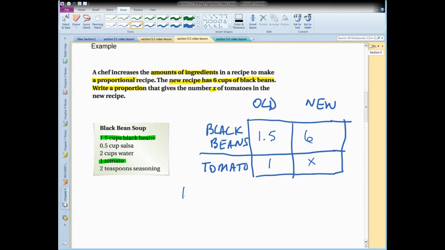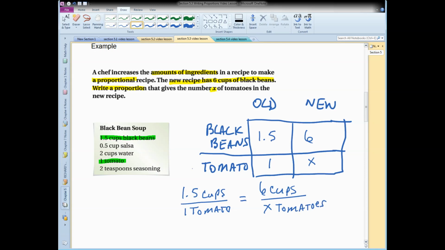It would be 1.5 cups for every 1 tomato, and that equals 6 cups for every X tomatoes.